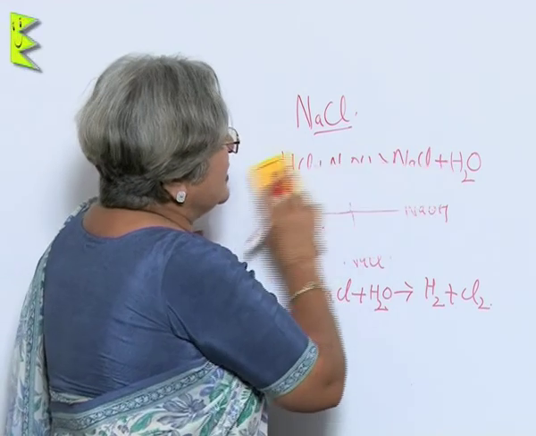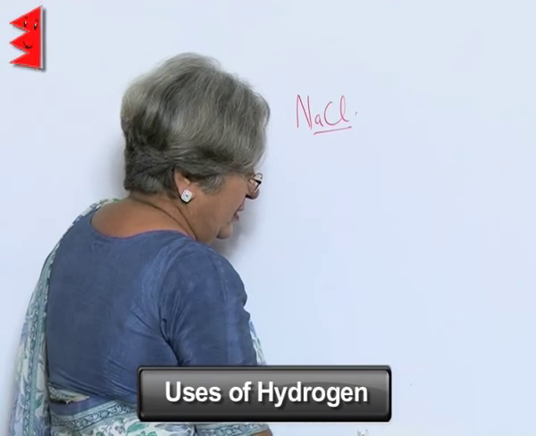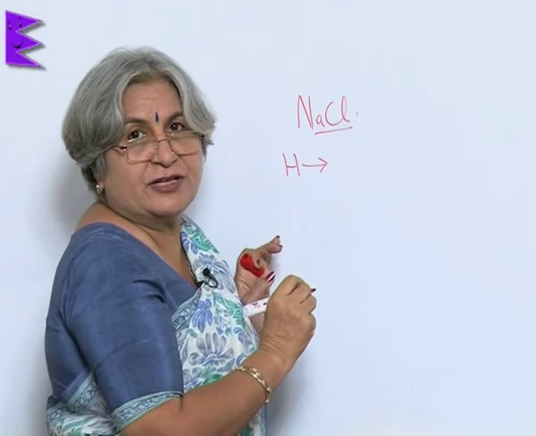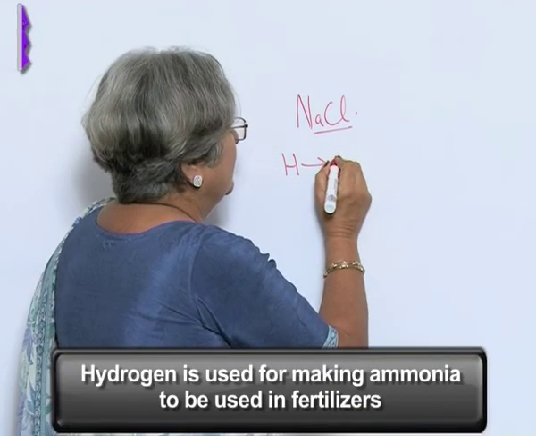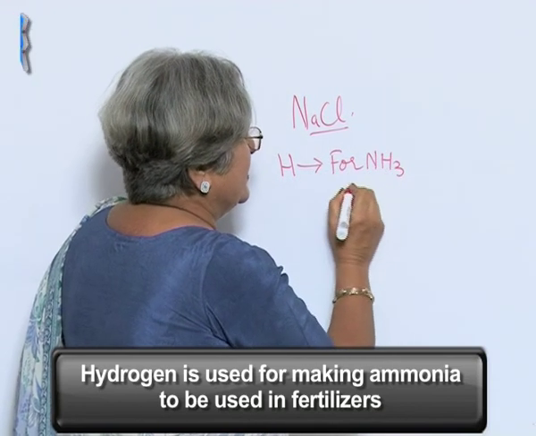So, now we will understand what are the uses of hydrogen. Hydrogen is needed for manufacturing ammonia, for making fertilizers.